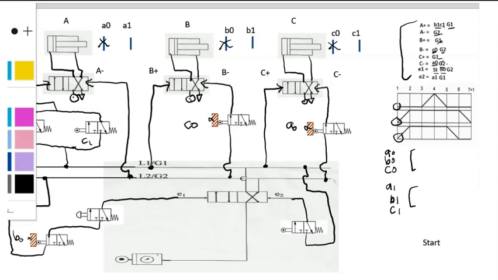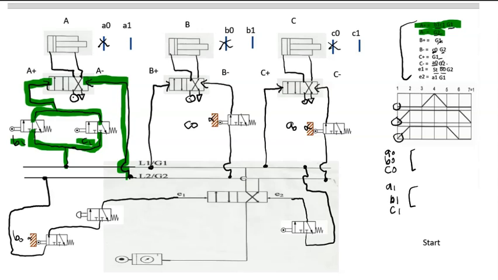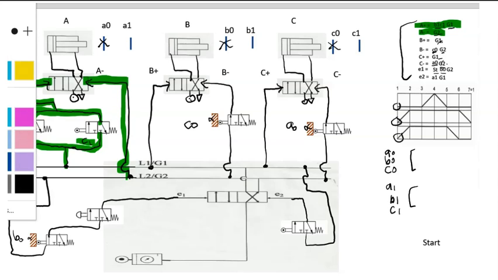Check for the first one, A plus is B1, C1. So it's going to G1. That's correct. And then we check for the A minus going direct to G2. Let's change the color.